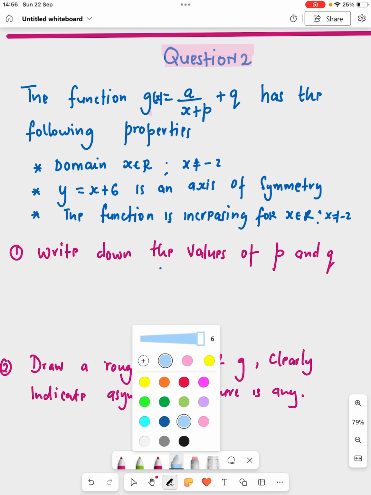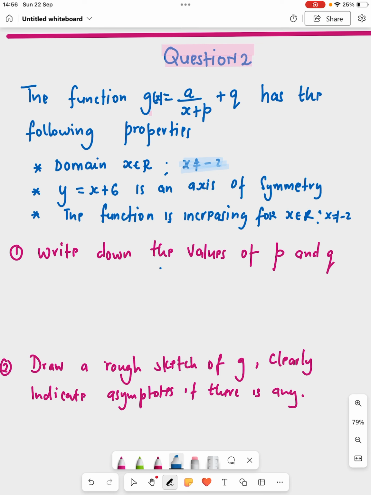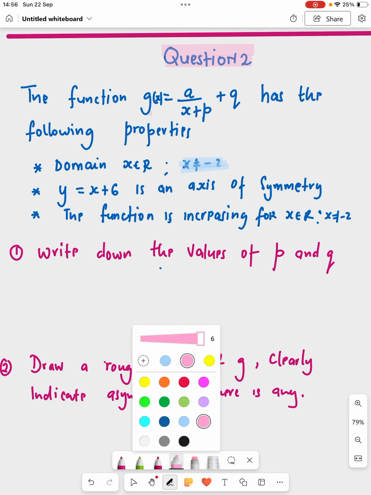We are given domain. So from the domain, we can easily read our vertical asymptote. So we already know that our vertical asymptote is -2. We are also given the equation of axis of symmetry. So this is axis of symmetry that has a positive slope.